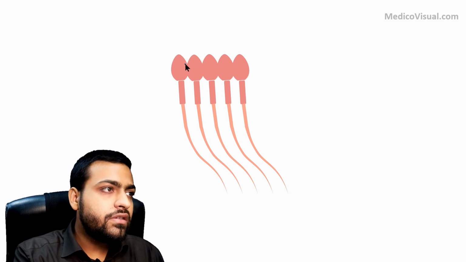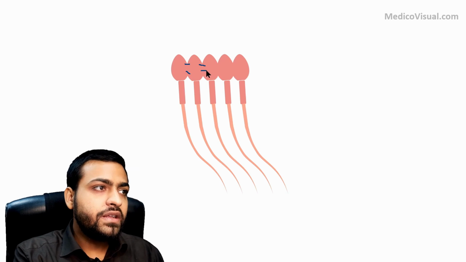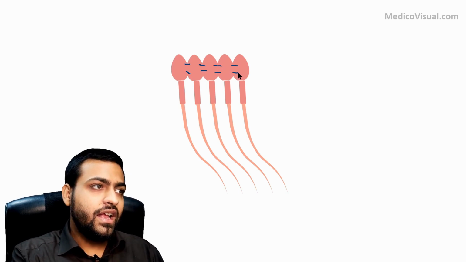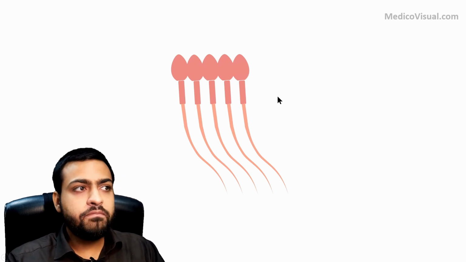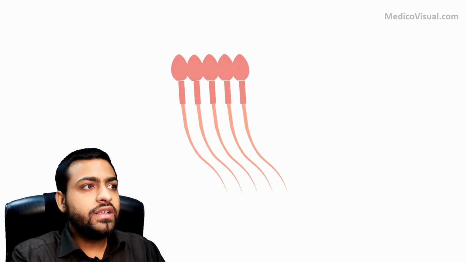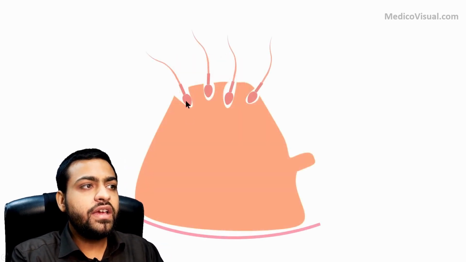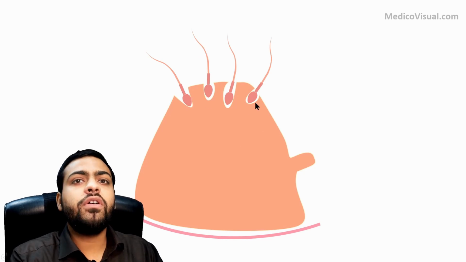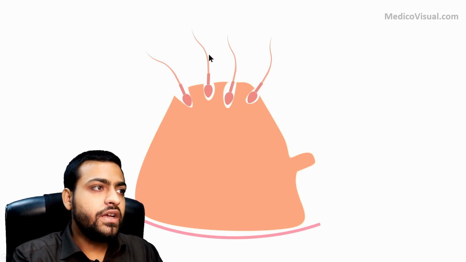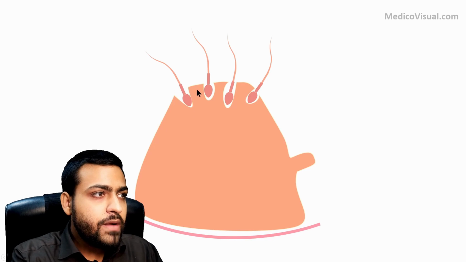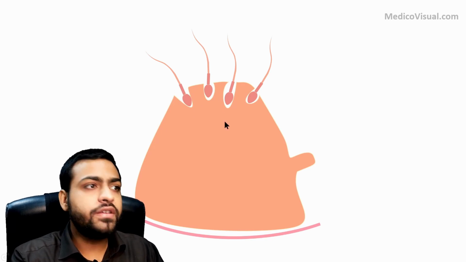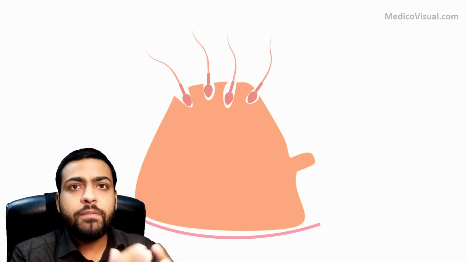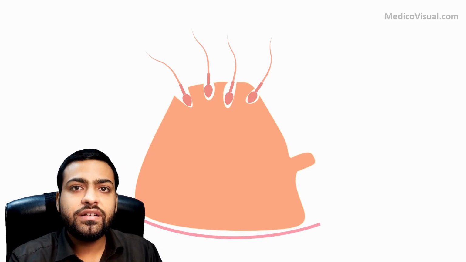So here also these sperm are still connected by cytoplasmic bridges, right? You can see here. And finally, when they completely mature, they separate from each other, right? So sperm are still embedded into the Sertoli cells, but they are now separate from each other, right?